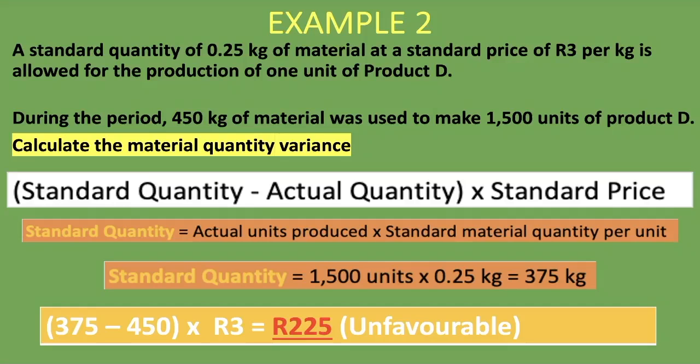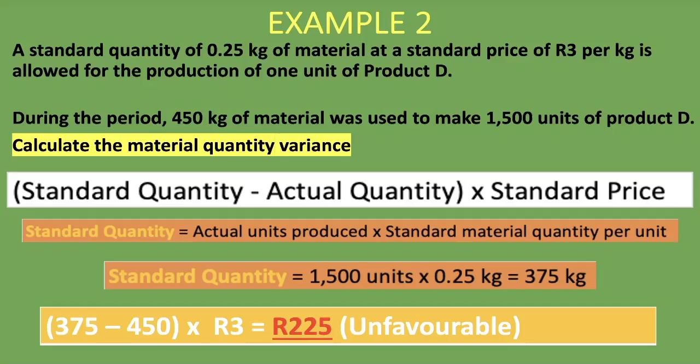Now, if you're asked what are the possible reasons for this, it could be a number of reasons. It could be that our production equipment, like our machinery, is not performing optimally, or it's not performing as well as it should have. Or it could be that we had some wastages. We didn't do our production efficiently. We wasted some of the kgs during the production. Another reason could be that we had substandard material.